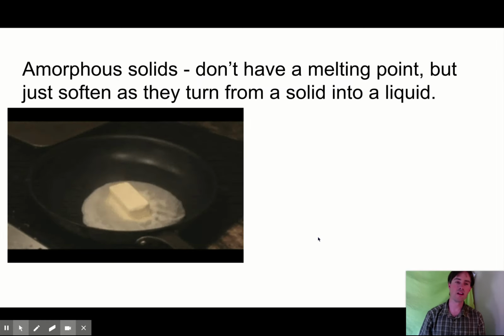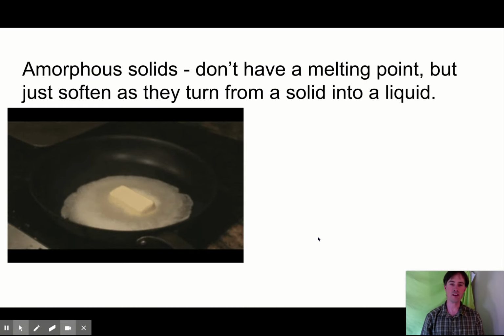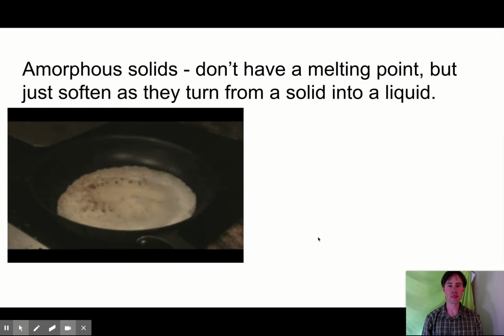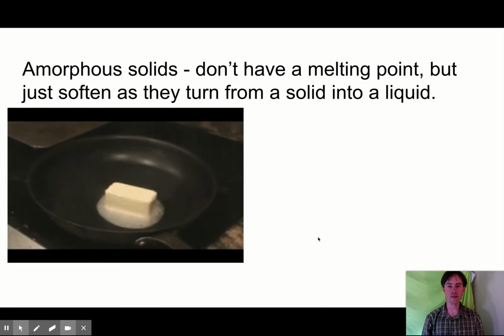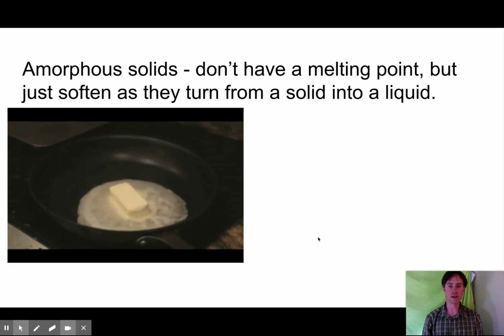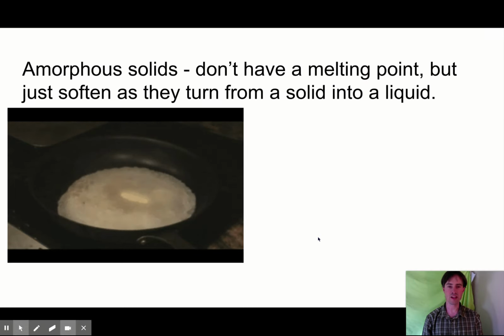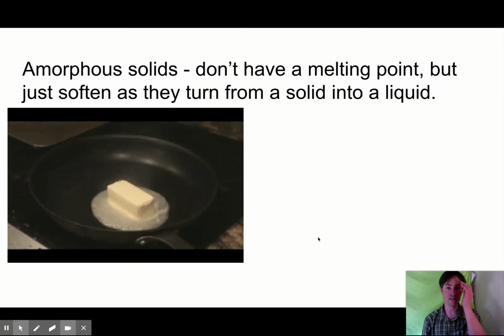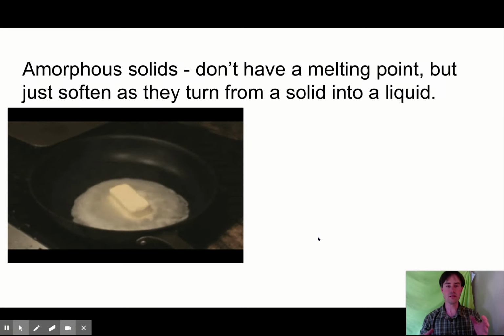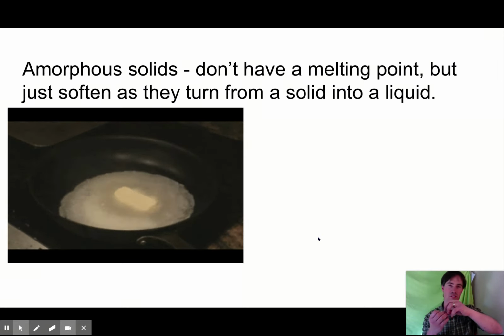Another type of solid is an amorphous solid. Amorphous solids are solids, but they're solids without shapes. I guess what it says here is they don't have a melting point, because they're always somewhat melted.